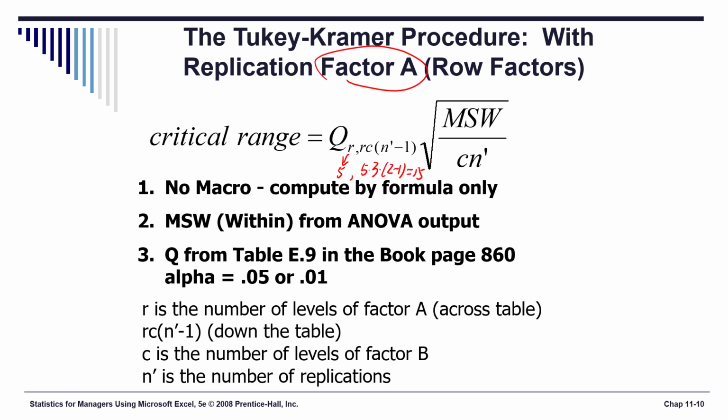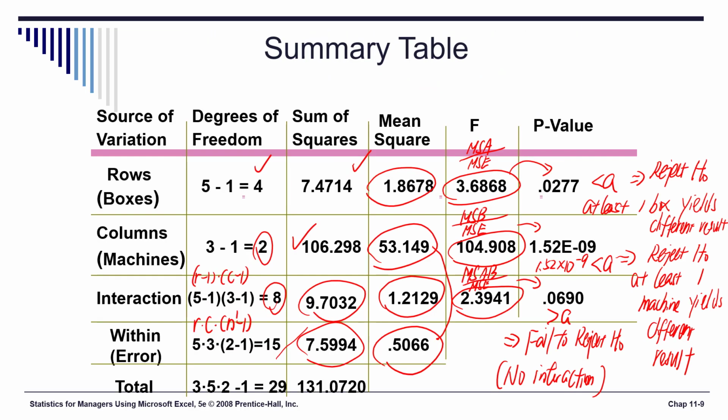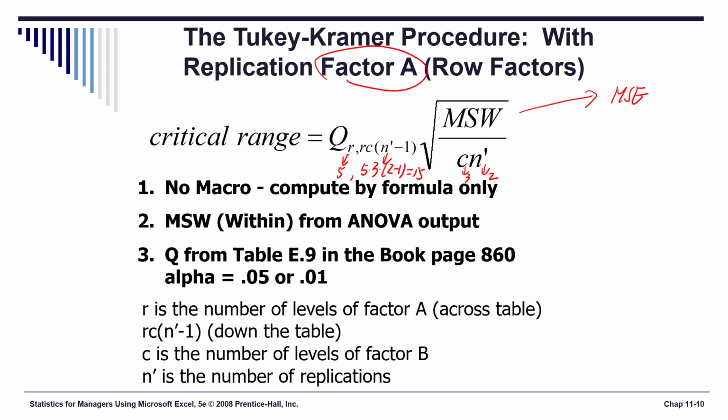And alpha equals 0.05, then we'll be able to look up the Q value from the Q table, and multiply by the square root of mean of square within, or mean of square error, same thing, divided by number of columns. So in this case, we have 3 columns, number of replications 2. And this number comes from the mean of square within, it's 7.5994.